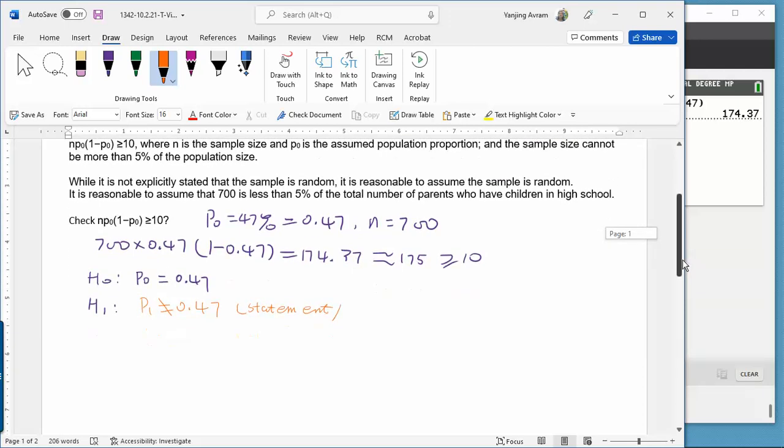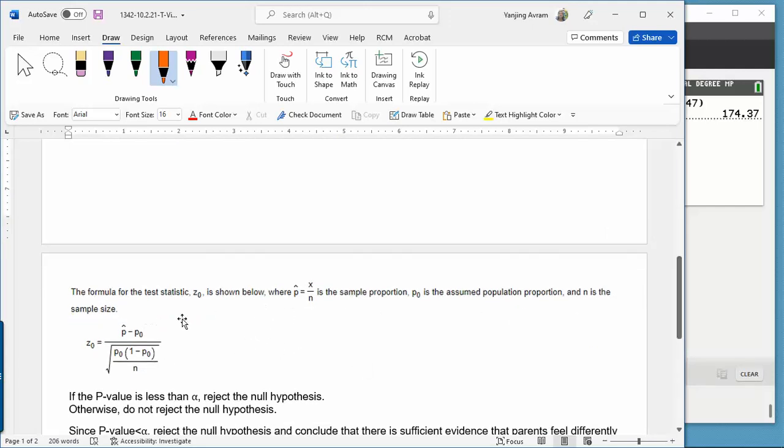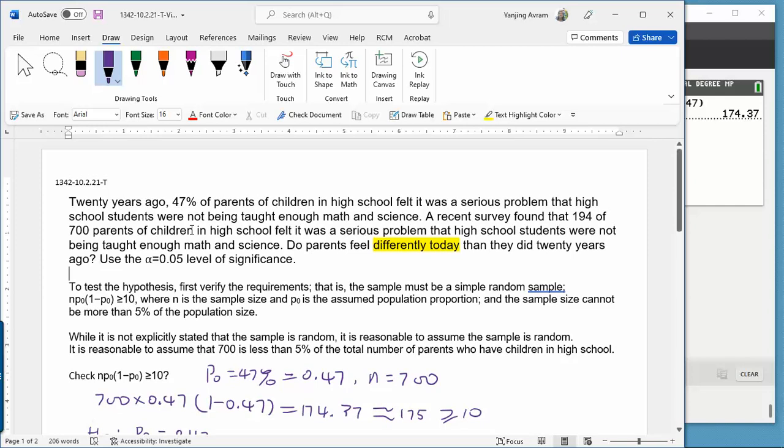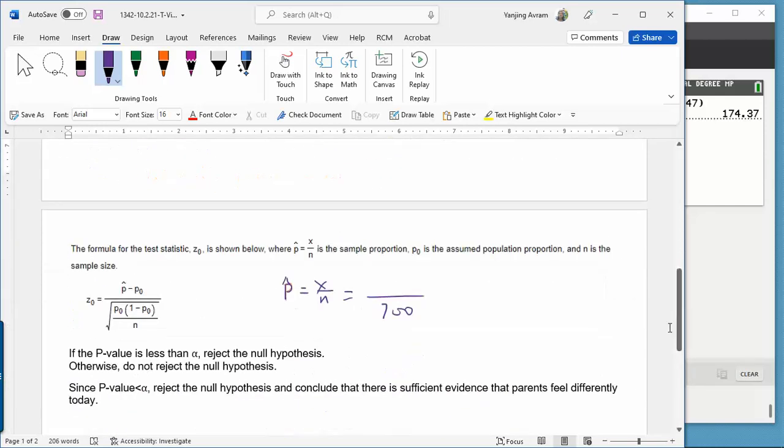In order to do this, there are two ways. One way is to use the formula. The p hat will be x over n. N is 700 and x is 194. We already have p sub 0 here, 0.47, and n is 700.